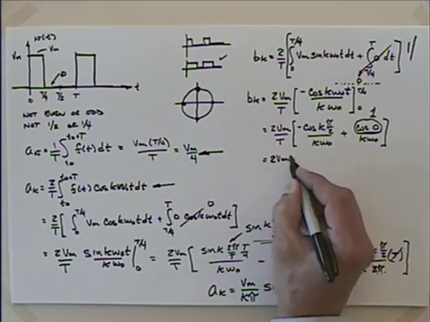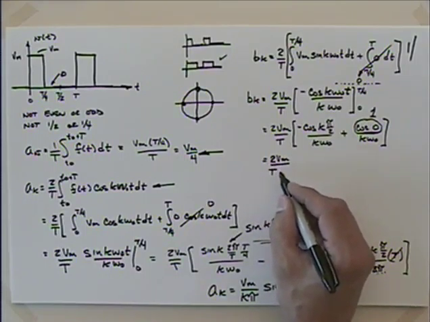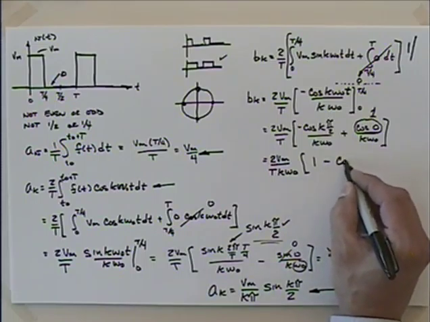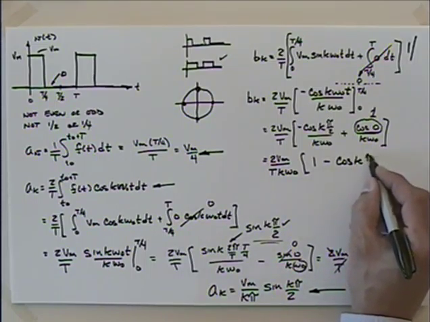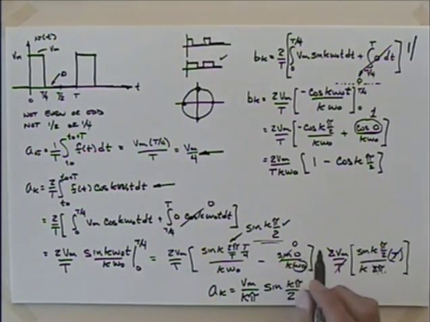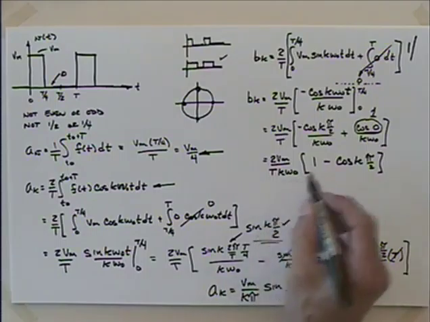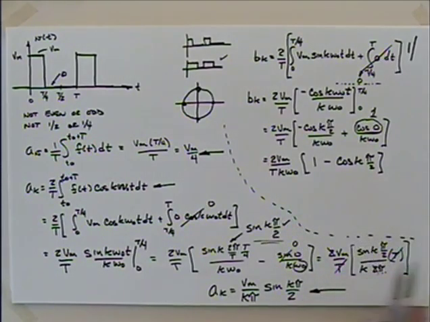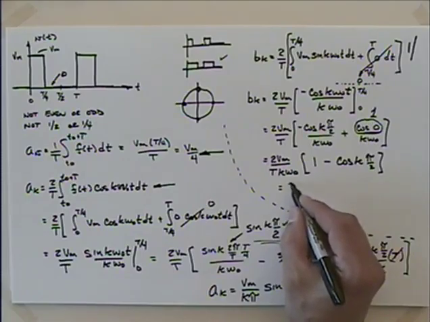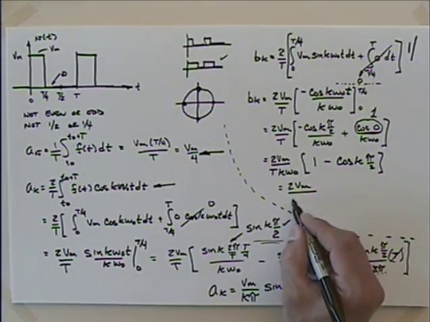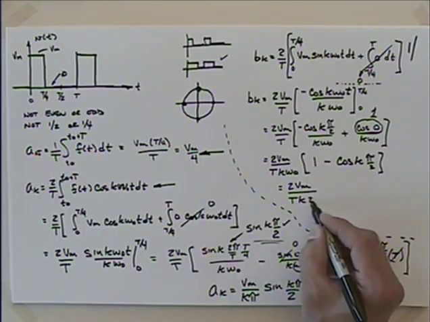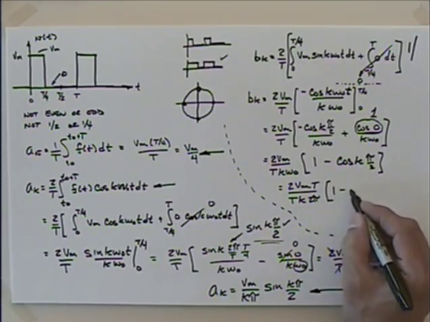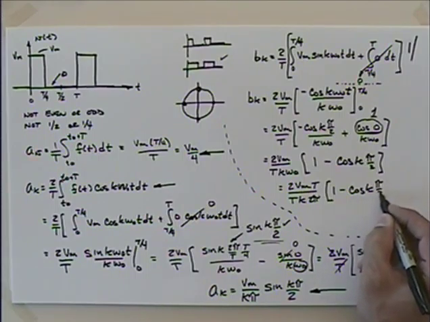I have 2 Vm divided by period T times k omega naught times 1 minus cosine k pi over 2, which would be equal to 2 Vm divided by T times k times omega naught, which would be 2 pi over T, so I'll put the T up there, 1 minus cosine k pi over 2.